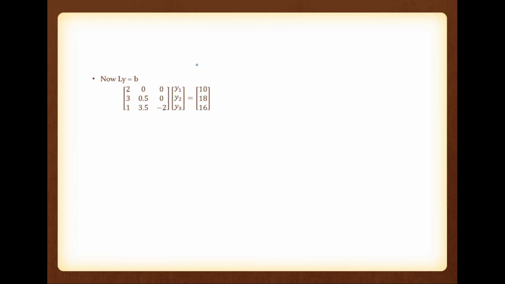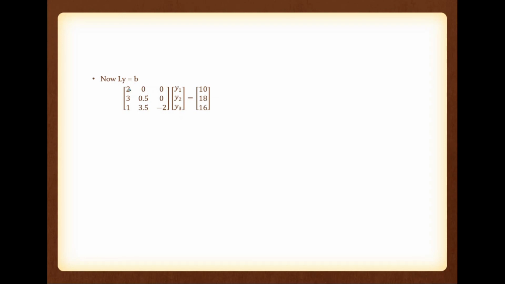L is 2, 0, 0, 3, 0.5, 0, 1, 3.5, minus 2. And Y, as X has 3 variables, we have to take 3 Y variables, Y1, Y2, Y3. That is equal to, what is B? 10, 18, 16.